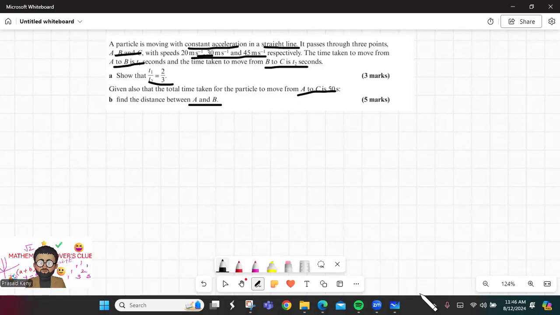Yes, Vicky, but before starting with the first part, can you tell me which is the key word of this problem? Yes, sir. The key words here are constant acceleration and straight line.